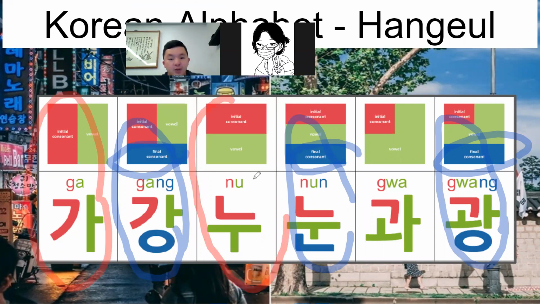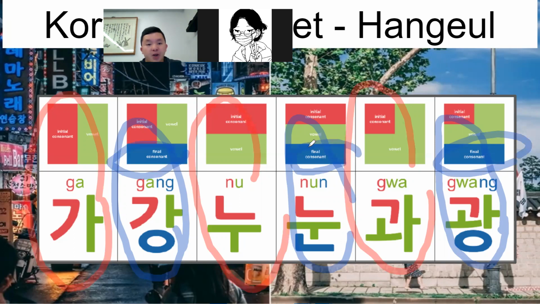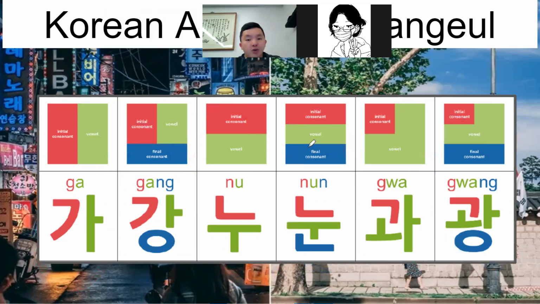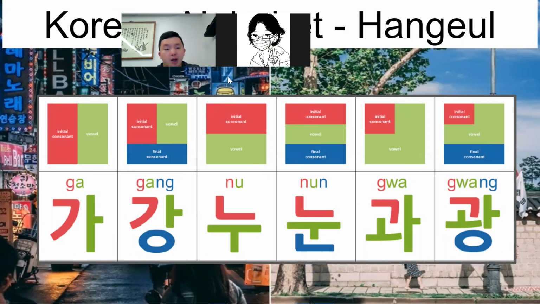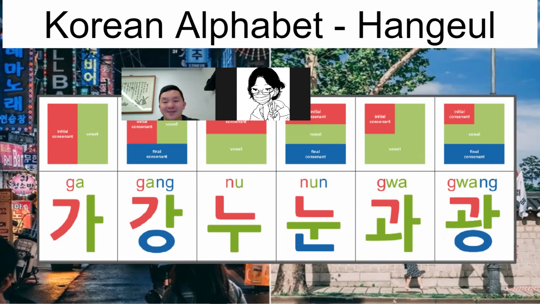So you're going to get familiar with this individual structure, how you write a Korean syllable. Don't worry, I'm just trying to explain the basic theory of how it works in Korean. Any questions so far? All good. Okay. Very good.